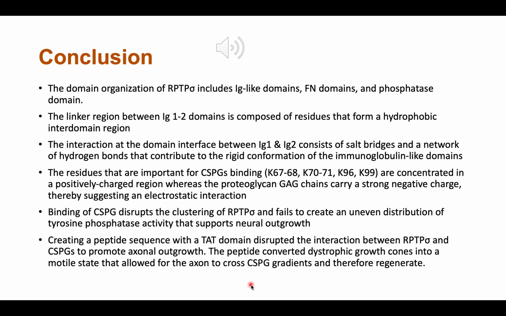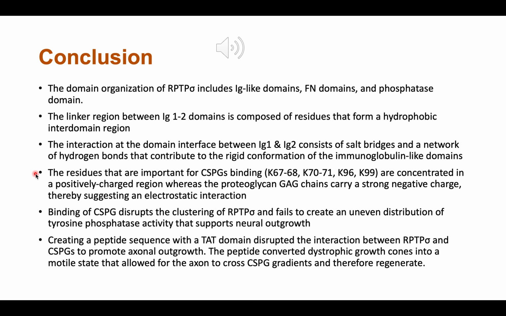So the takeaways of the study were that the domain organization of the receptor includes Ig-like domains, FN domains, and phosphatase domains. And the linker region between the Ig1 and Ig2 domains is composed of residues that form a hydrophobic interdomain region, and the interaction at the domain interface between the Ig1 and Ig2 domains consists of salt bridges and a network of hydrogen bonds that contribute to the rigid conformation of the Ig-like domains.